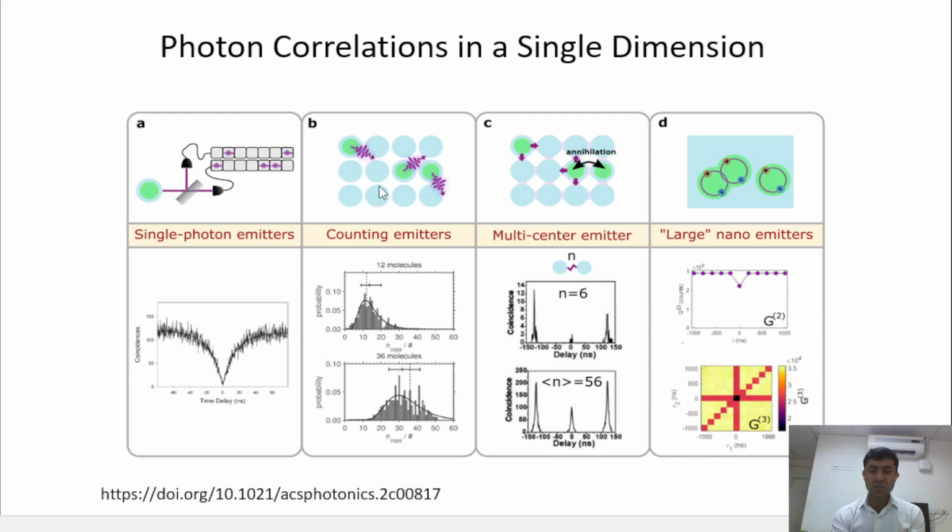Actually, if multiple excitations weakly interact, as here, the number of active emitting centers could be estimated by photon correlation analysis. For example, by using this COPS, it is possible to count up to 30 fluorescent molecules within only 0.5 seconds.